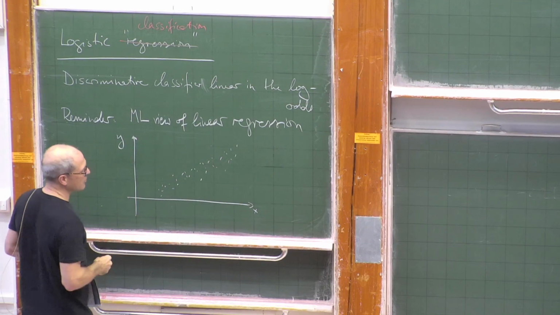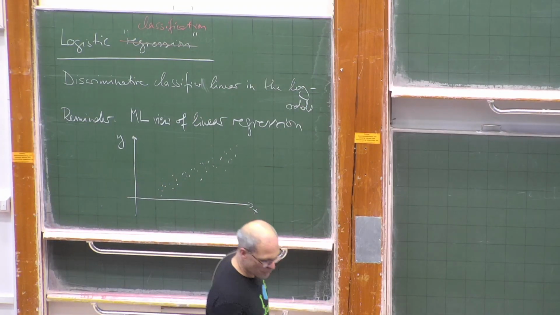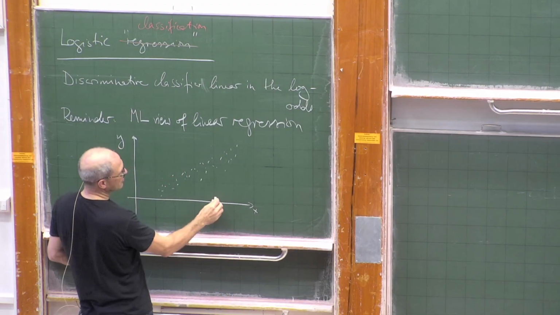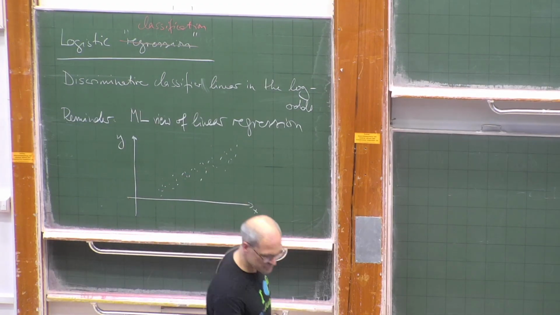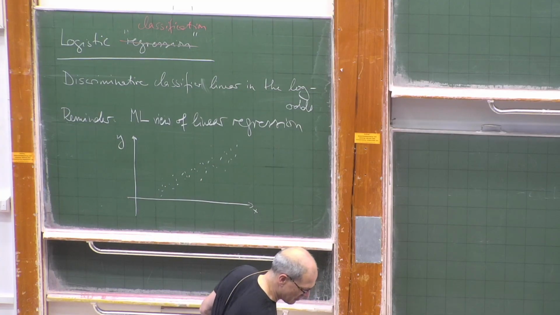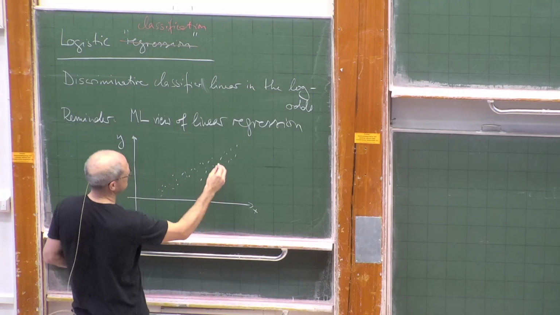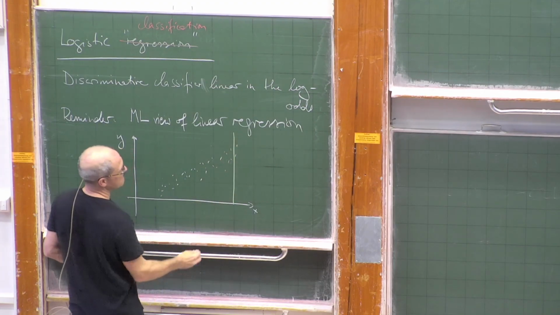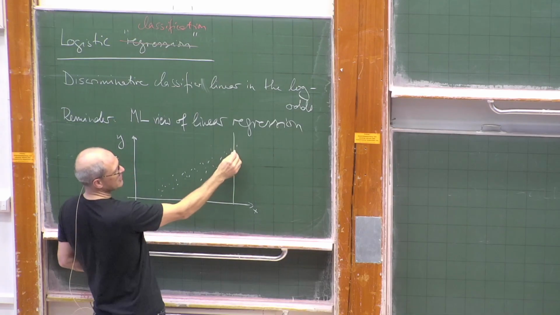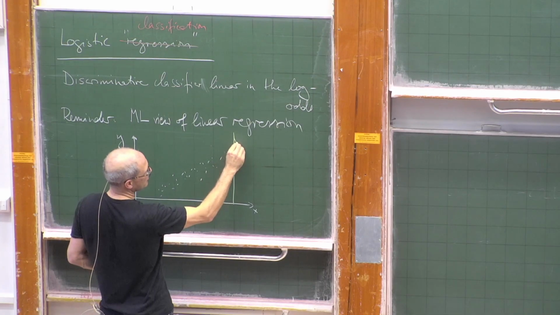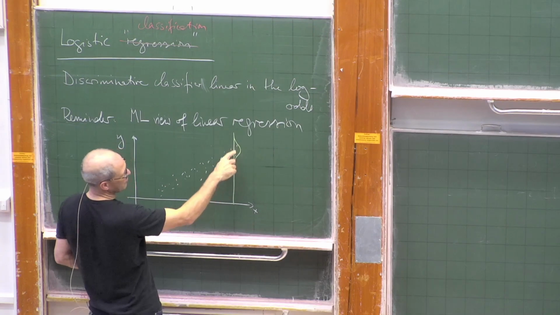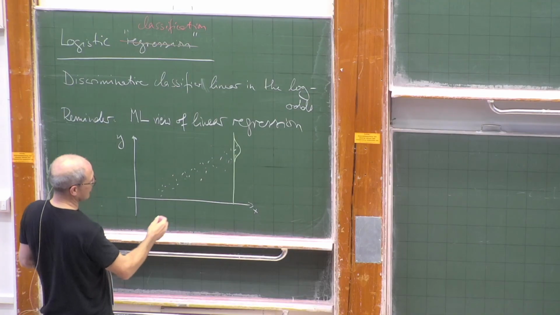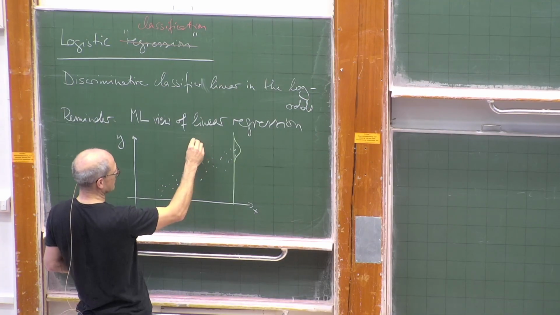And we were assuming the following: conditioning on any single feature x, I get a normal distribution. So the distribution of my observations around the mean was supposed to be Gaussian, normally distributed.